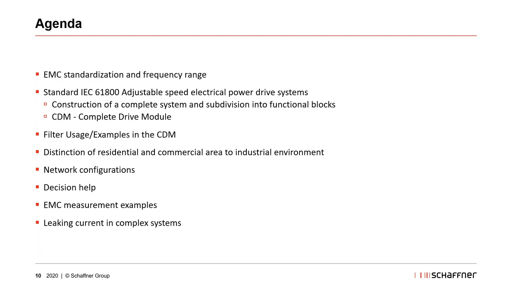Afterwards, I will try to present how to distinguish between residential, commercial area and industrial environment. Then a little breakout for network configurations. Then we will look at the decision help, how this works. This is like a selection tree, where you start at one entry point, and afterwards you see different details on how you can select your filter.